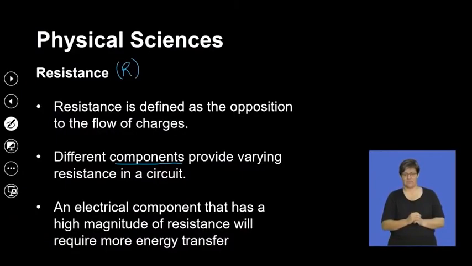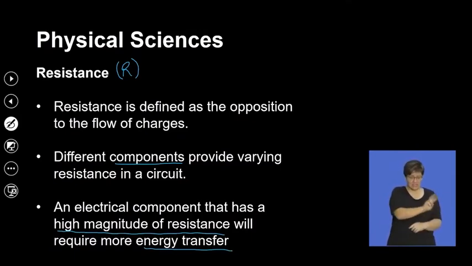An electrical component that has a high magnitude of resistance will require more energy. Remember, in a circuit, it's all about energy transfer or energy transformation. So greater resistance implies more energy conversion by that particular device.